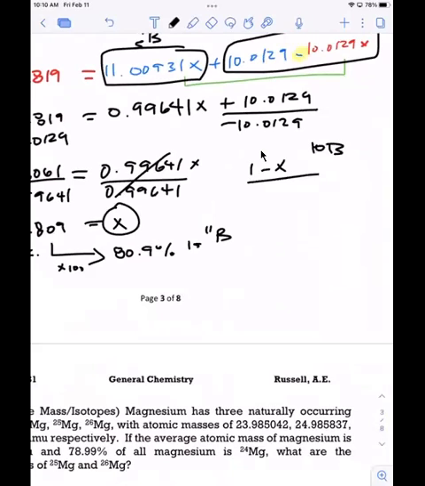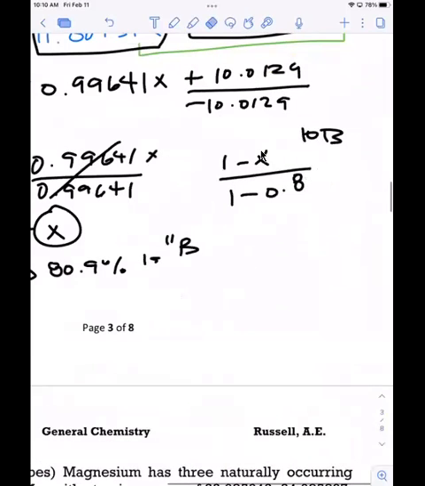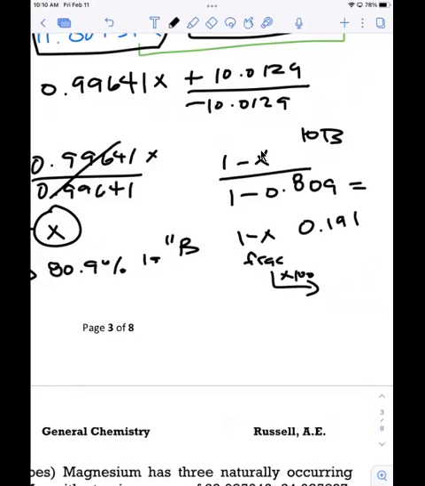So 1 minus X would be 1 minus 0.809. What do you get for that? 0.191. So this is the 1 minus X fraction, and then we're going to multiply by 100 to get the percent.